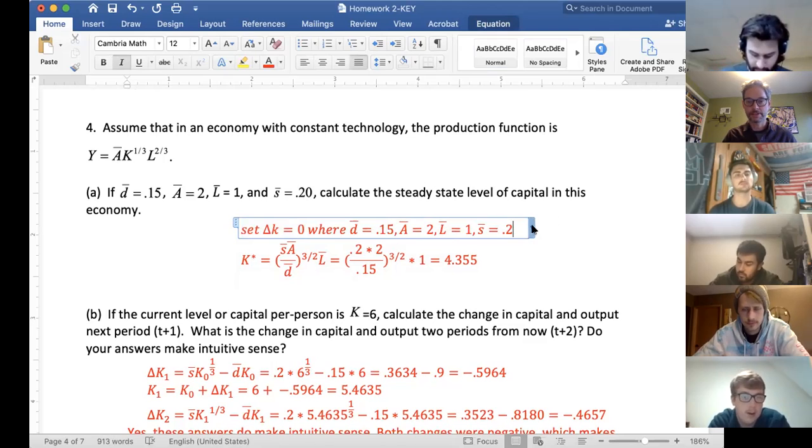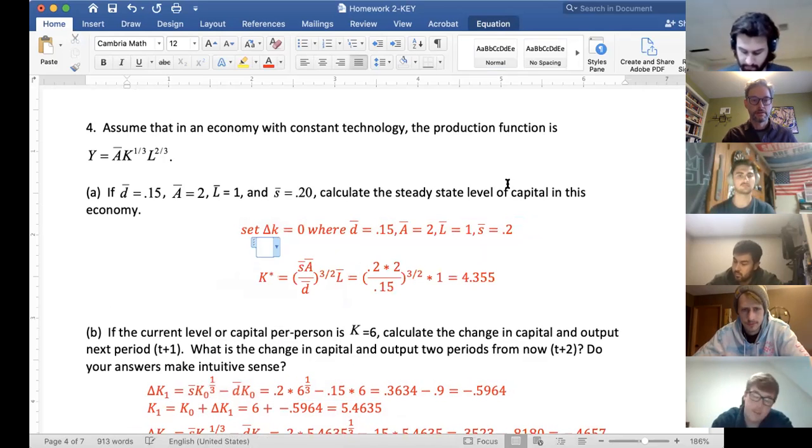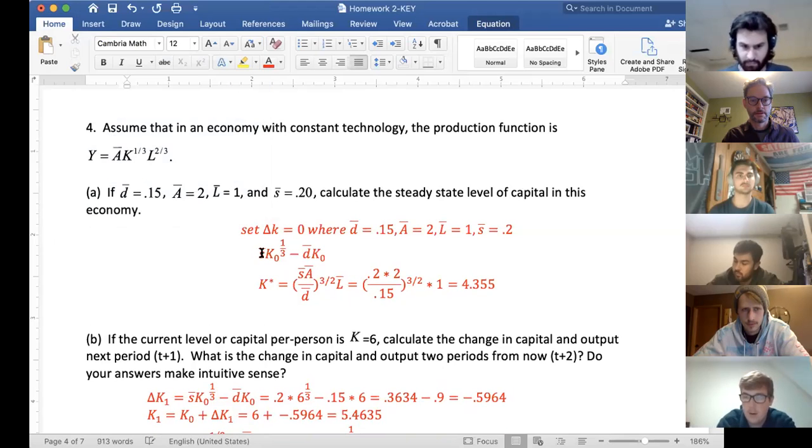So actually, I didn't write the formula here, but I have it written down below. Here, let me type the formula in. So you set delta K equal to 0.